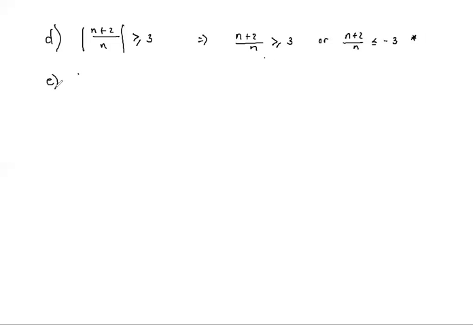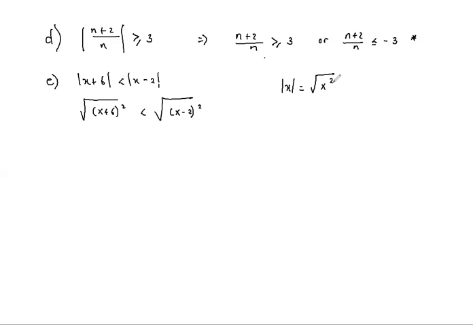Then for E, we have the modulus of x plus 6 less than the modulus of x minus 2. Here, the best way is to use the square method. Whatever is in the modulus, if we square it and get its square root, then we get what we're looking for. So if we square this, you also square on the right, then you have x plus 6 squared less than x minus 2 squared.